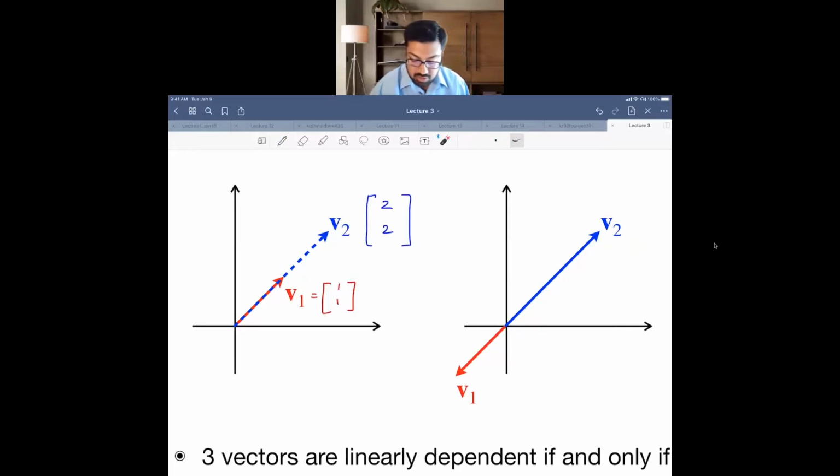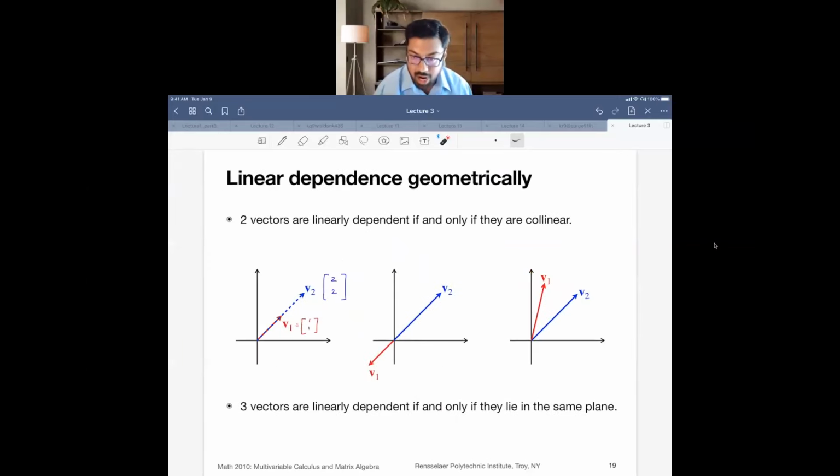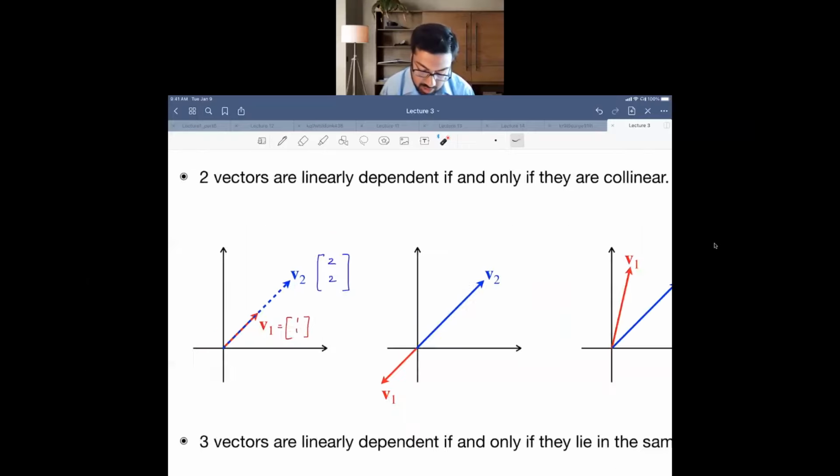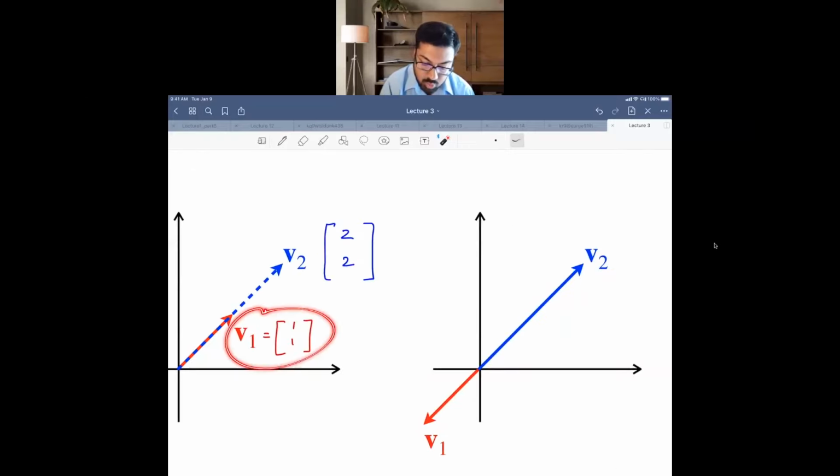If those vectors, when you sketch them out in 2-dimensional space or n-dimensional space, are collinear, on that same line, then these are linearly dependent. You can clearly see, if you take v1 and multiply by 2, you get v2, so v2 equals 2v1, right?